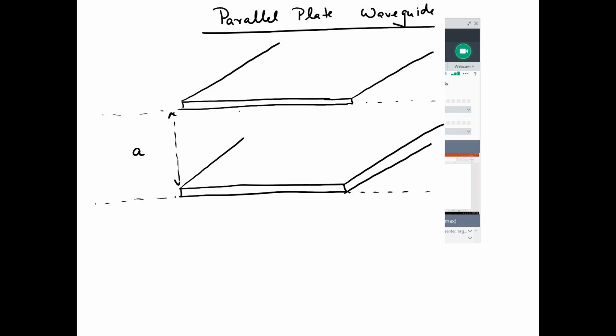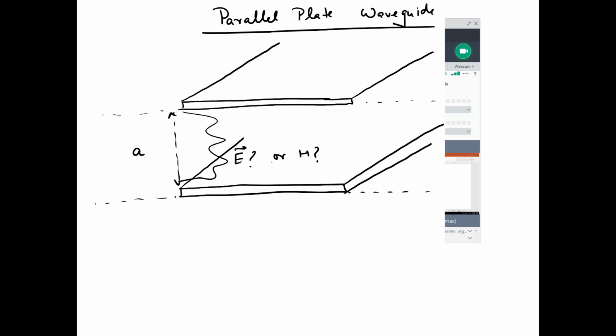And I want to see, if I send some electromagnetic wave, how would the electric field be confined? What would this electric field be inside, or what would H be inside this space?